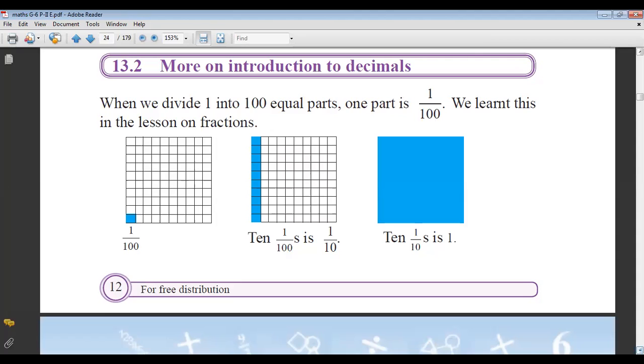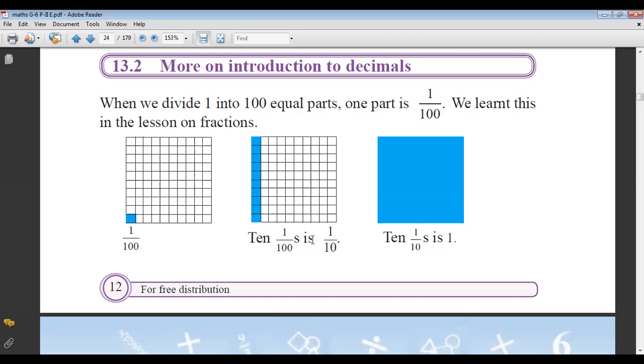When we divide 1 into 100 equal parts, one part is 1 out of 100. If there are 10 portions like this, then it has to be 10 out of 100.